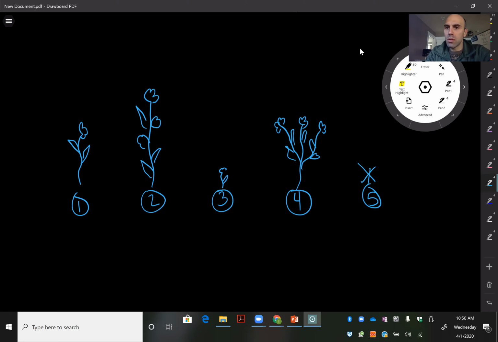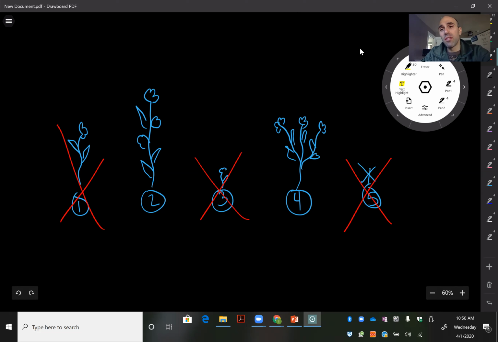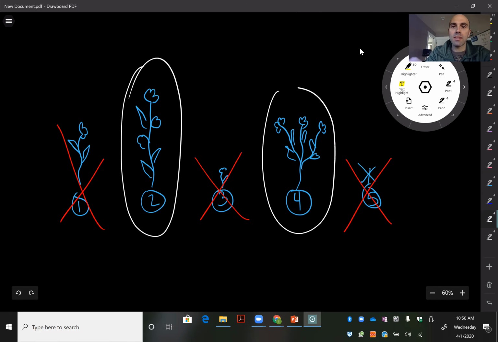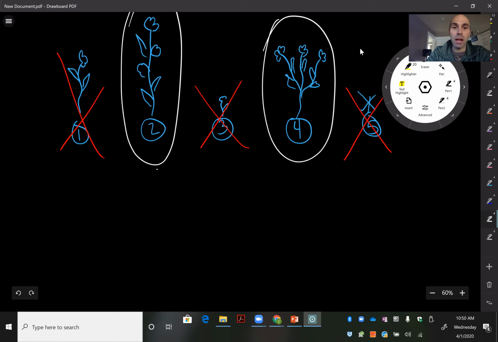So what we're going to do as these mid-century growers, we're not going to take the seeds from 1. We're not going to take the seeds from 3, and we're not going to take the seeds from 5. What we want to do instead is take the seeds from 2, and take the seeds from 4, and selectively breed those seeds in hopes that maybe these 2 guys will give us the super plant.